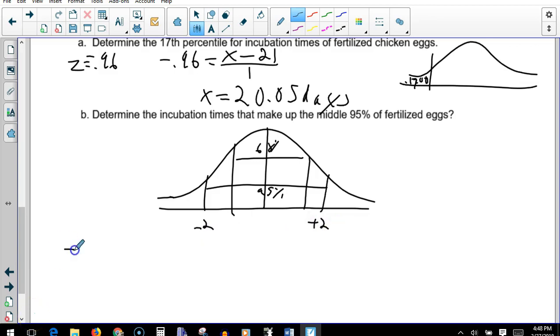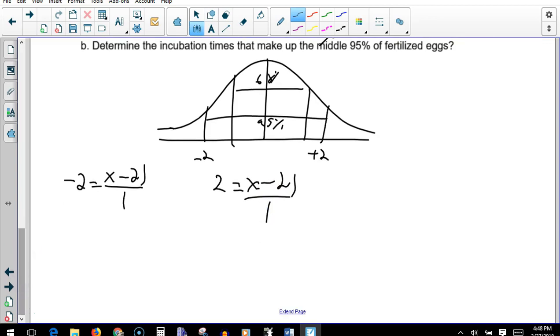So there you have your two z-scores. Negative 2 equals the amount of days minus 21 divided by 1, which is kind of pointless. And 2 equals x minus 21 divided by 1. So basically we're just adding 21, and we get between 19 to 23 days. And that's it.